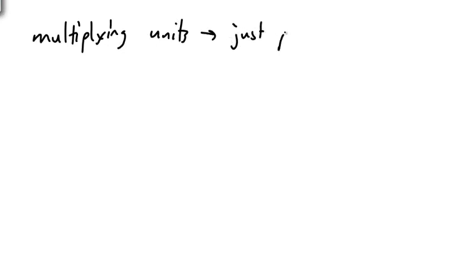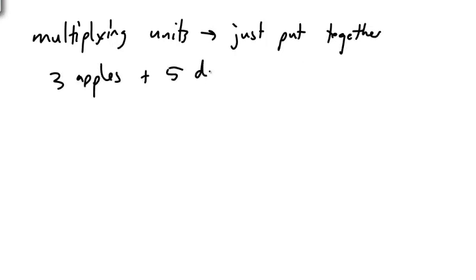This works for algebra. I didn't explain this before. When you multiply units, you just put them together. What do I mean? I mean 3 apples plus $5 equals can't be done.